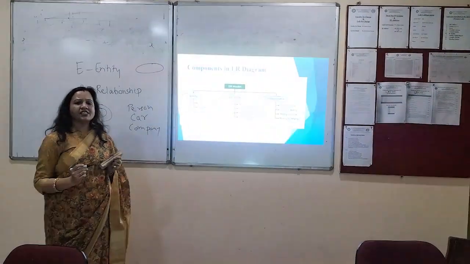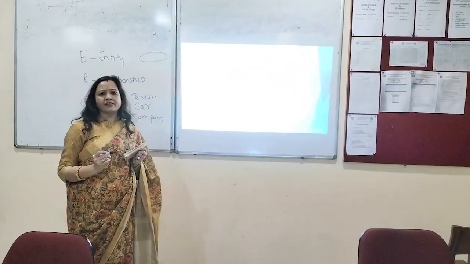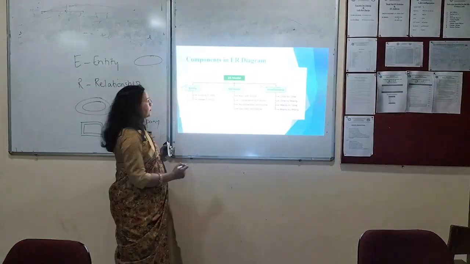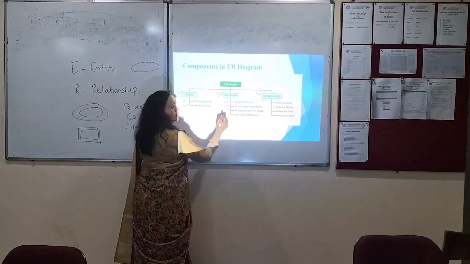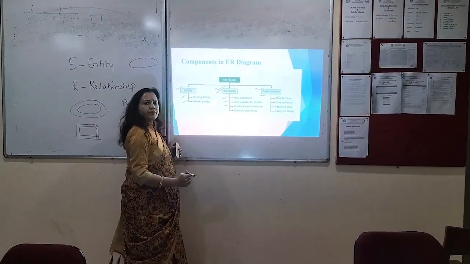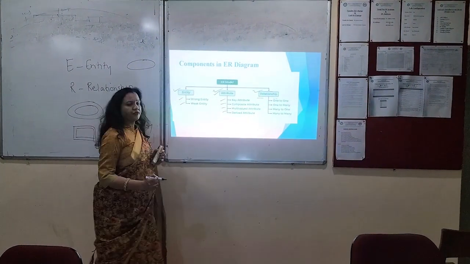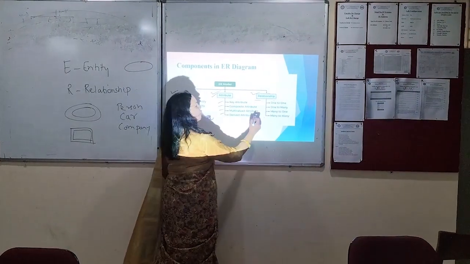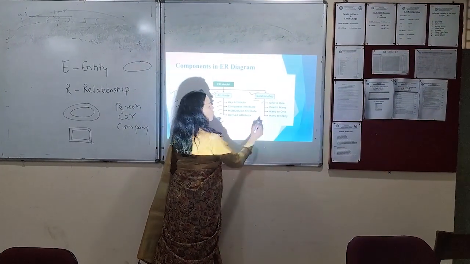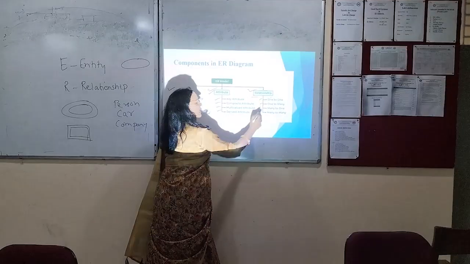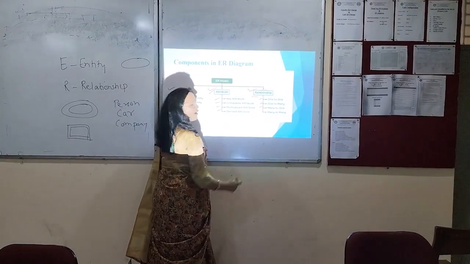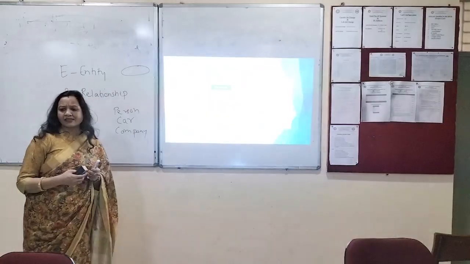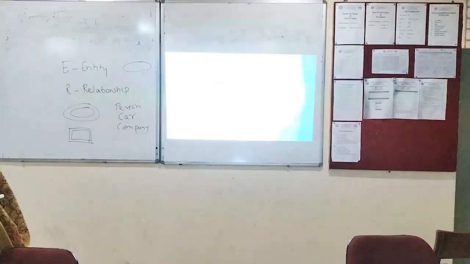What information we have under different headers for the entity are known as attributes. There are four types: key attribute, composite attribute, multi-valued attribute and derived attribute. Then comes the relationship. Relationship can be of four types: one-to-one, one-to-many, many-to-one and many-to-many. We will discuss all these in the later slides.